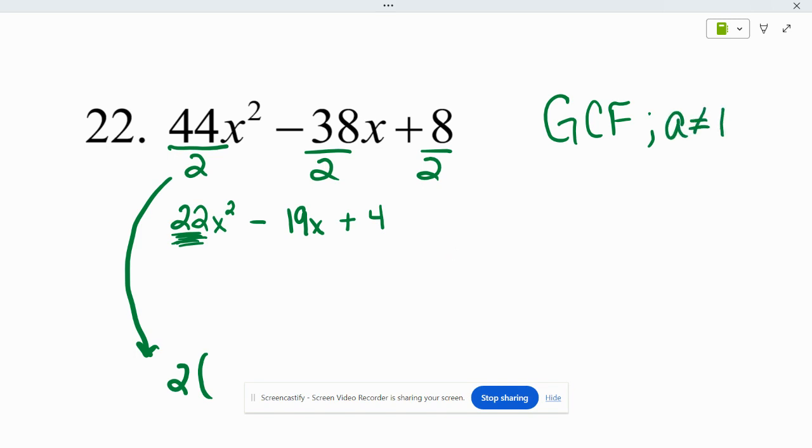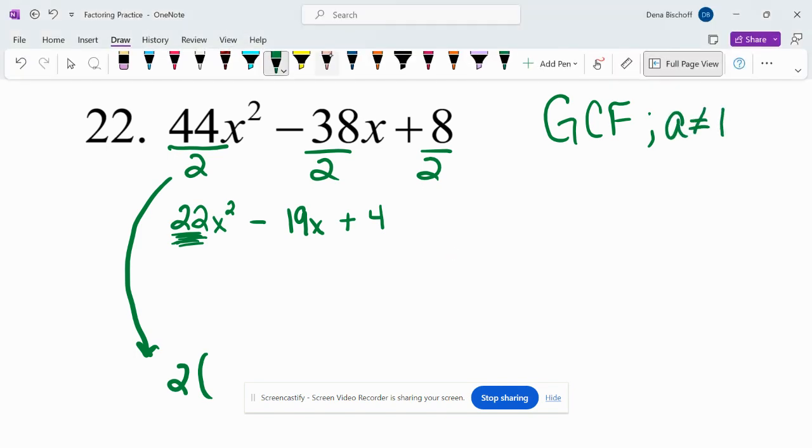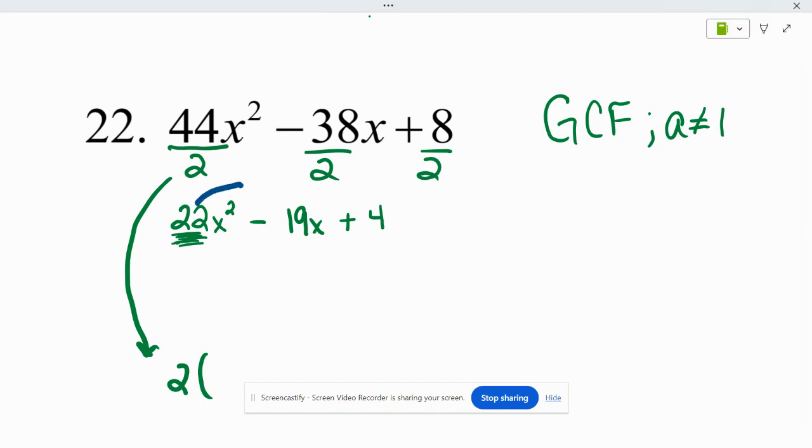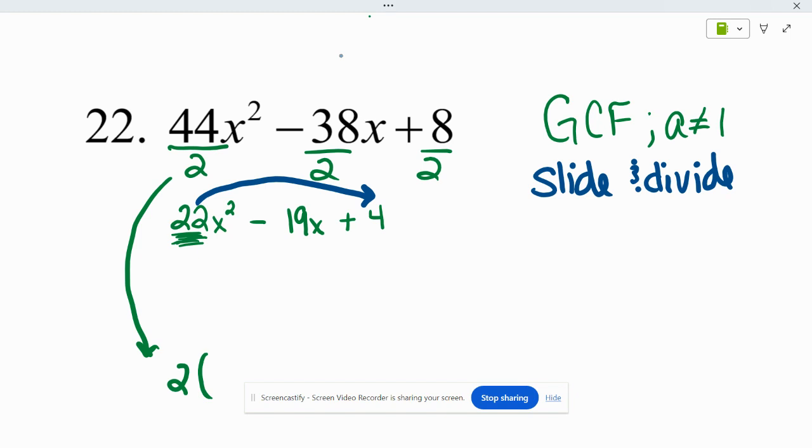So what is that method you want to use? Slide and divide. Okay, you're in charge. Slide it first. So when we slide, we're actually multiplying. So you're going to take 22 times 4. Good job.